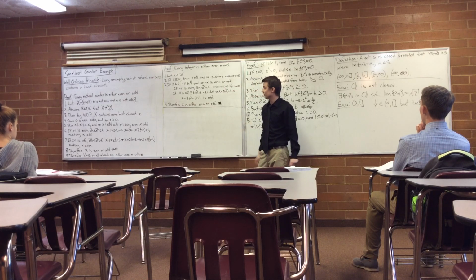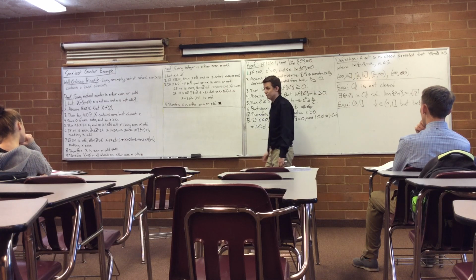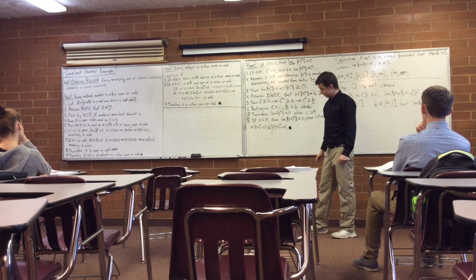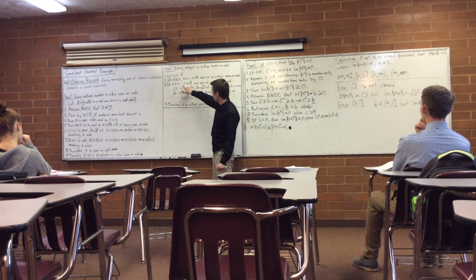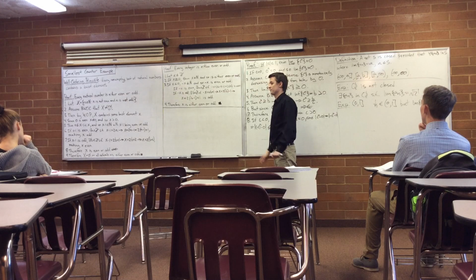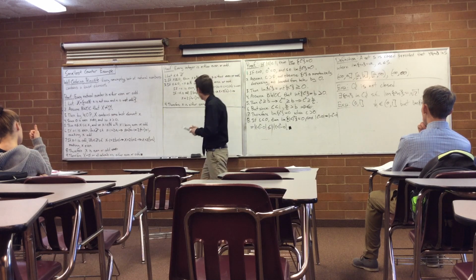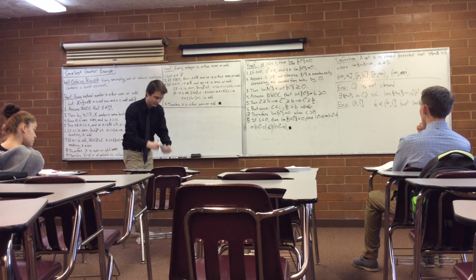So x is either even or odd, no matter how you look at it. So we had to use the fact that all we knew about was the natural numbers to prove it for the integers. Good? All right. Let's continue then.